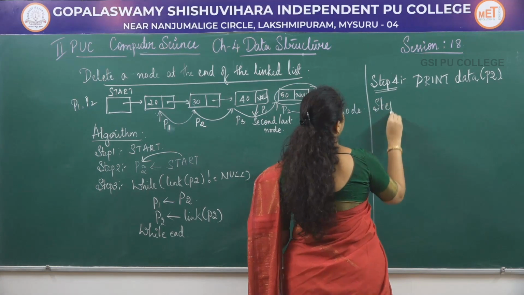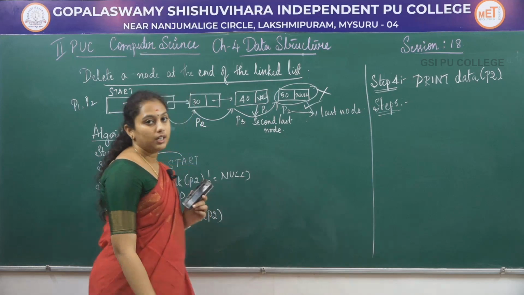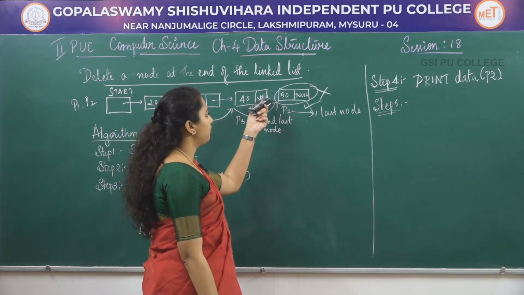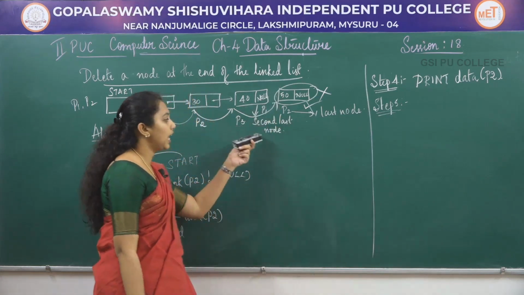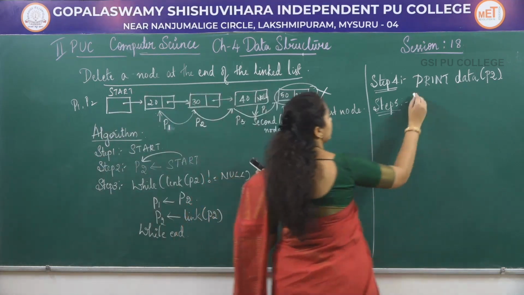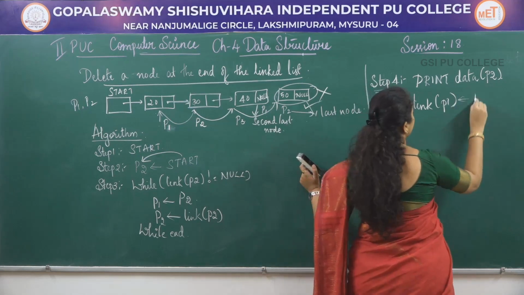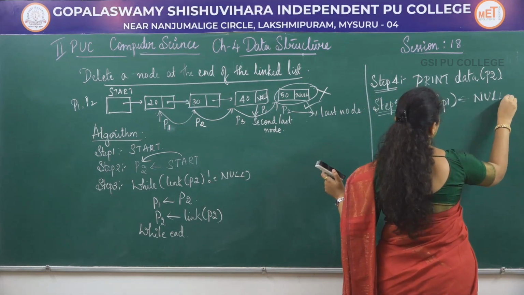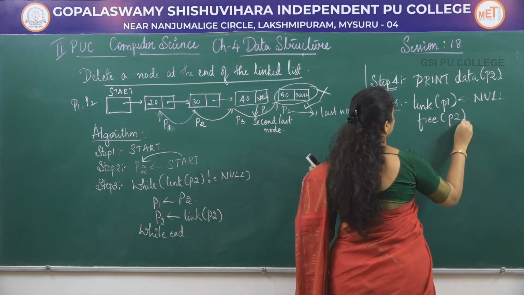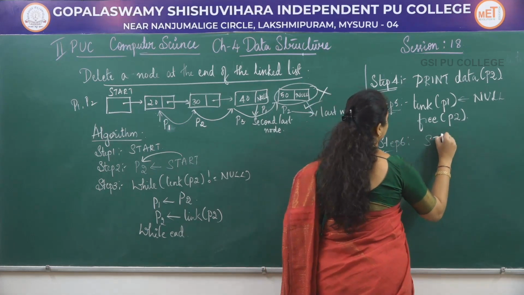In step 5, we are going to fill null in the link field of the second last node, which is nothing but P1. That is, link of P1 is going to be null. Free P2. Step 6, stop.